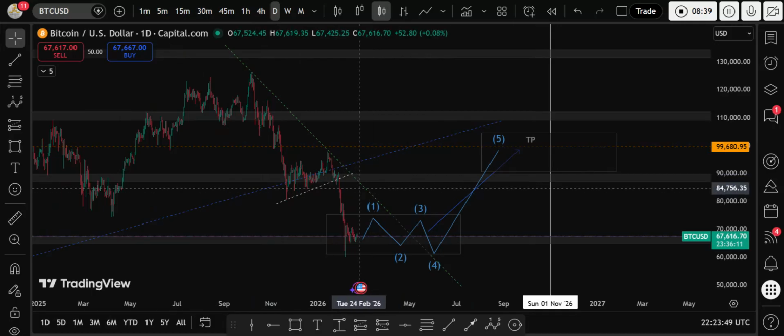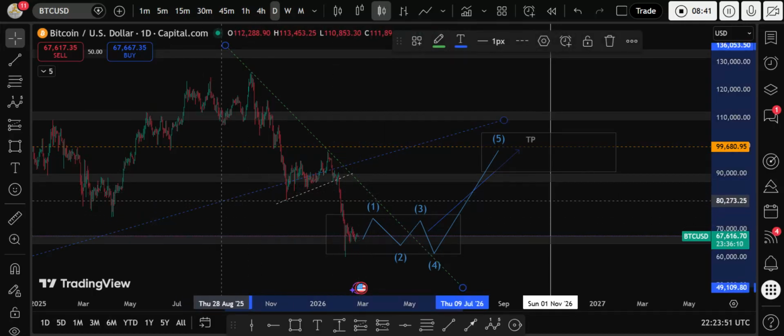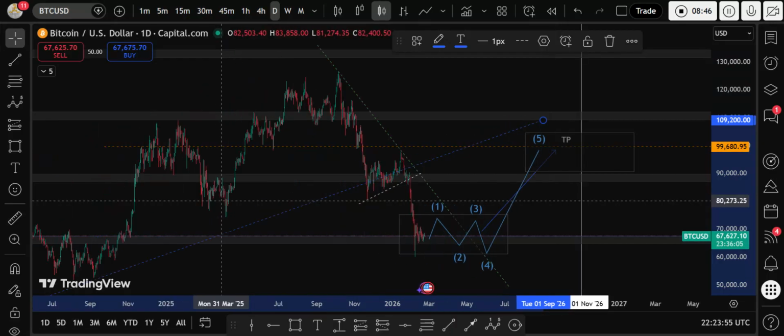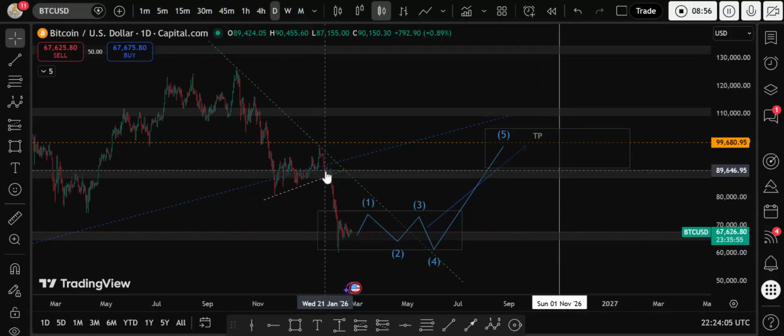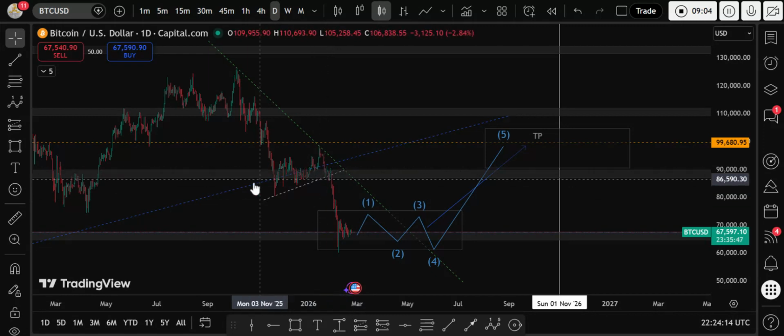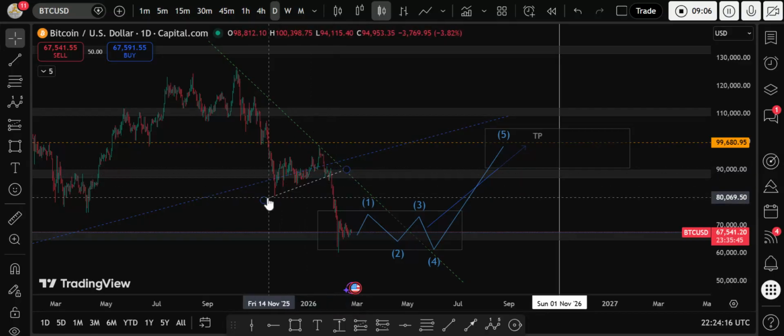This is our daily trend line, the green one. Now this blue trend line represents our monthly time frame trend line, which means that when BTC crossed below it, it gave us the reassurance of a bear market for BTC, around 21st January 2026. But at that time it was consolidated, so we had to wait.